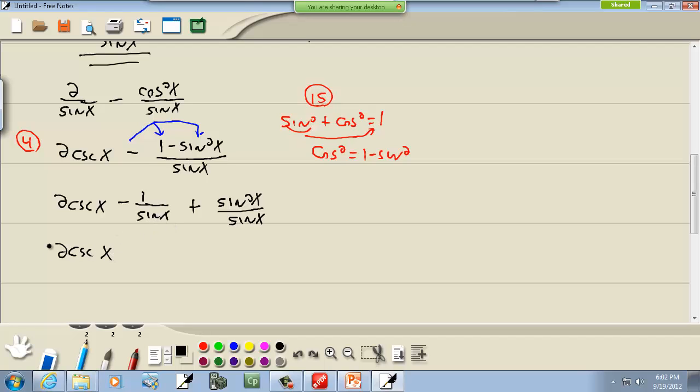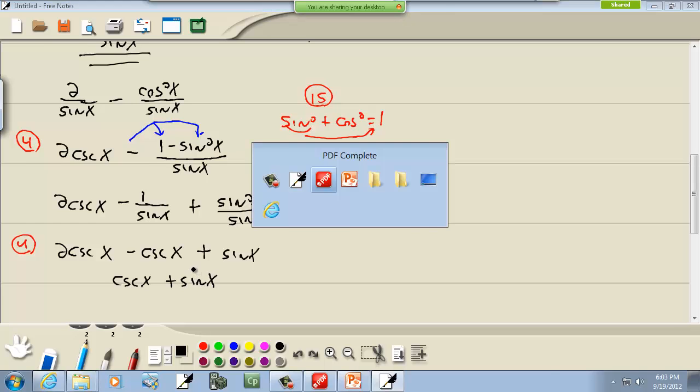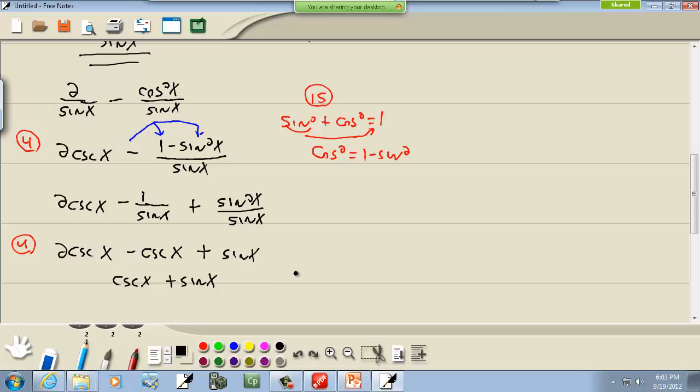Well, 1 over sine from number 4 again, we used up above. 1 over sine is cosecant, so we can rewrite that as cosecant. And here, one of the signs cancel and just leaves us sine. And 2 cosecant minus cosecant gives us 1 cosecant, or cosecant x, plus sine x. That's what we're trying to do. So that's our solution.